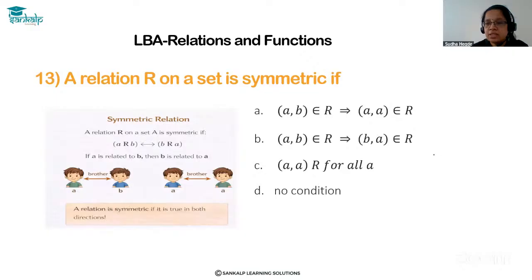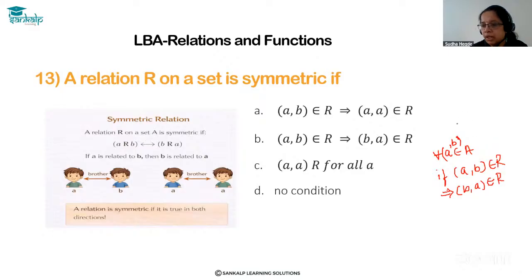The definition of symmetric is: for all a, b belongs to A, if (a, b) belongs to R, that implies (b, a), the reverse, is also there in R, then it is symmetric.